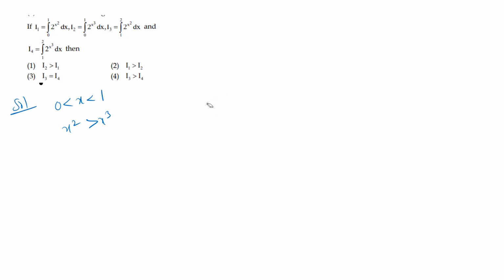In this, if you take 2 power x square, the condition-wise value we are taking will satisfy. For 2 power x square, the limit value also will be more than that condition.